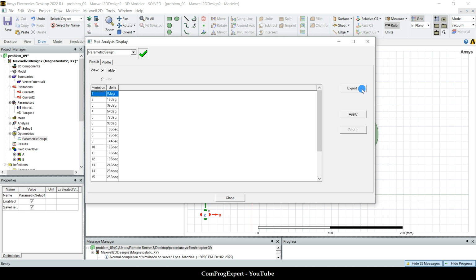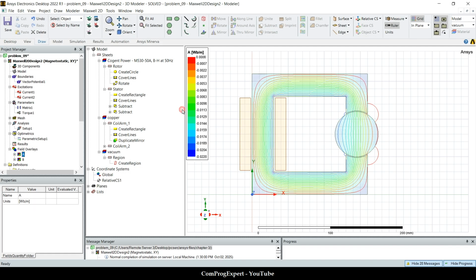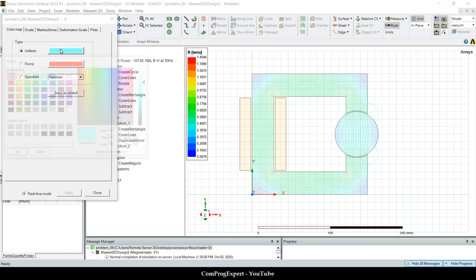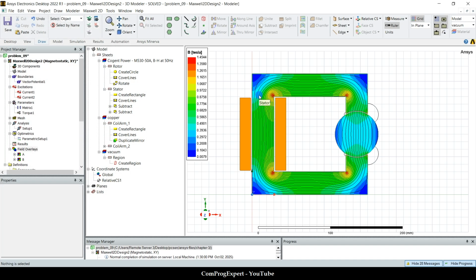Let's select the first variation, the second one. Okay, so you can check the solutions. In this case, if I change the value of delta, I can even make an animation. I can generate animations. I will do that later.